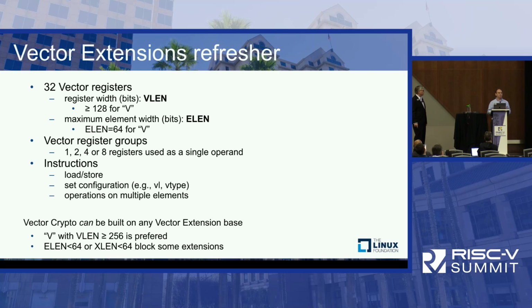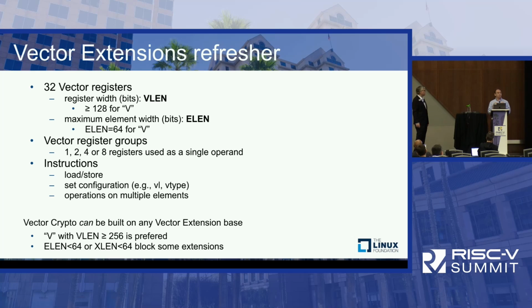For the V extension, the vector extension for application processors, VLEN is defined to be at least 128 bits. And then the other parameter is ELEN. Despite its name, it's the width. It's the maximum element width in your implementation. And for the V extension, that's 64.